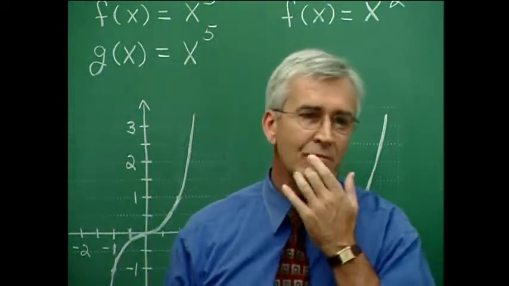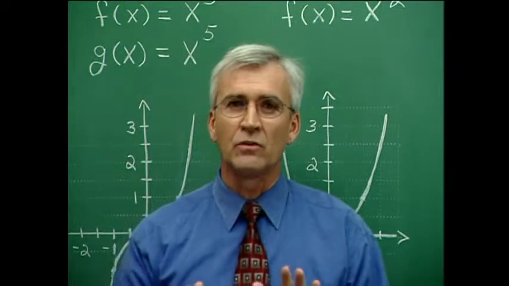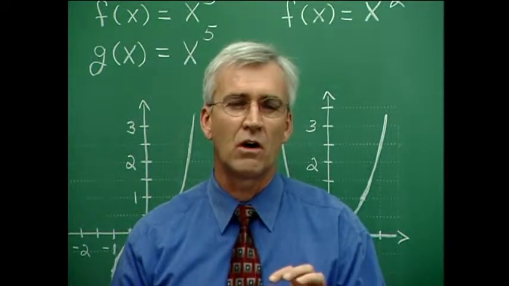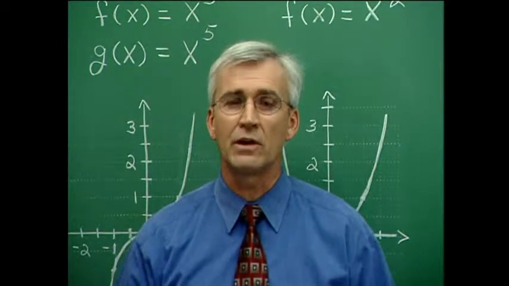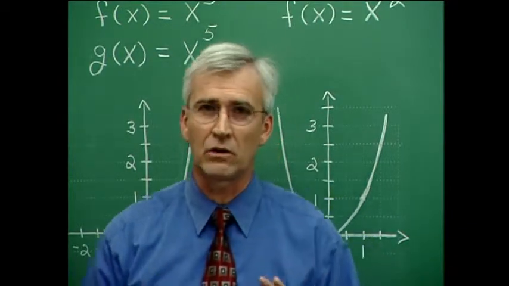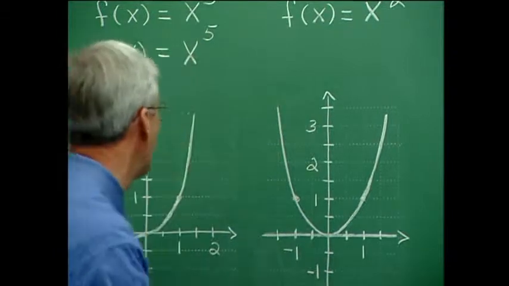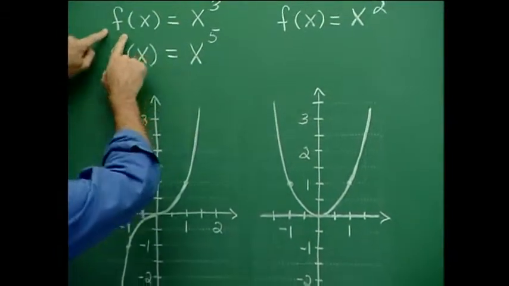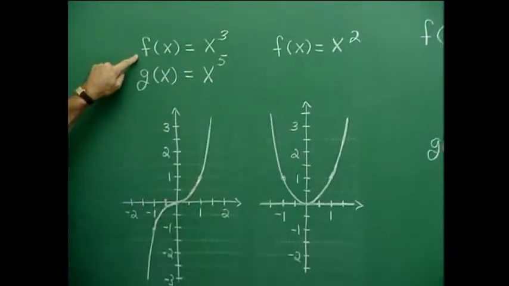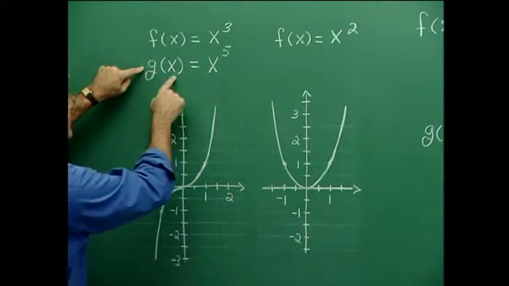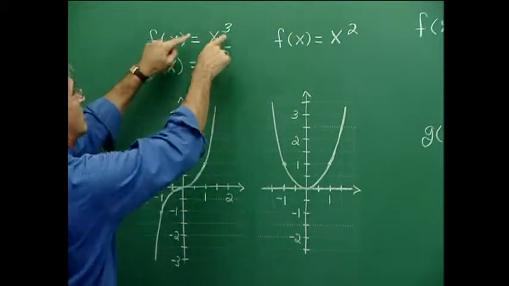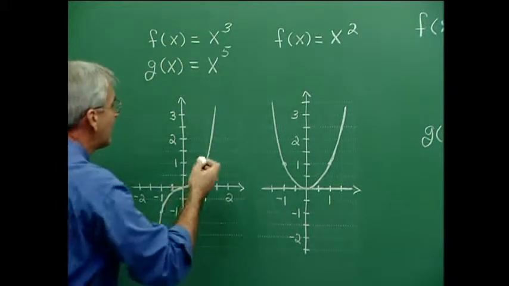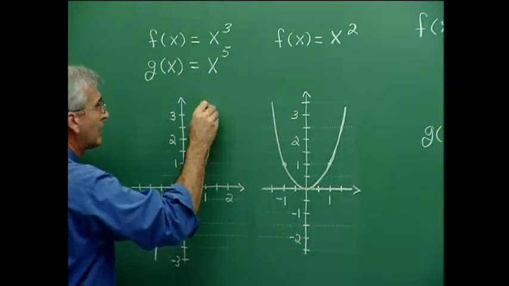Well, at any rate, let's begin the investigation with a couple of functions that are degenerate forms of polynomial functions of higher degree. These are not particularly curvy, but there is a characteristic I want you to notice here. If we're thinking about f of x as x cubed, and this is its graph, then g of x is x to the fifth. It turns out that the graph of this function is very similar to the graph of that one. In fact, it'll have a behavior that kind of looks like this.